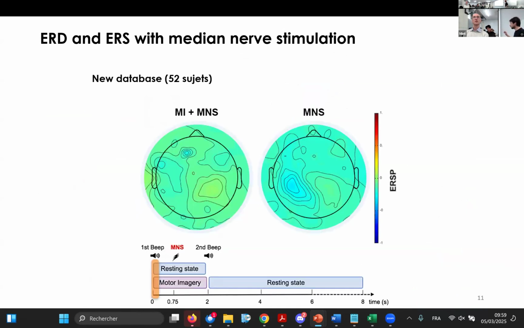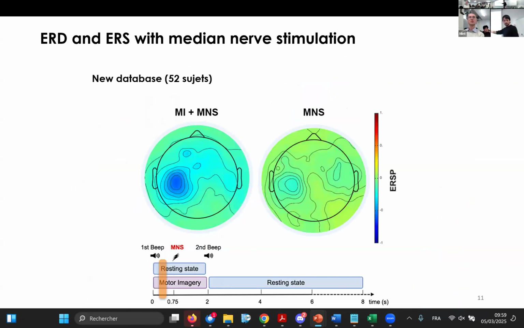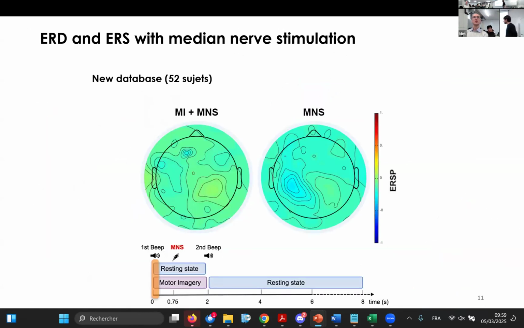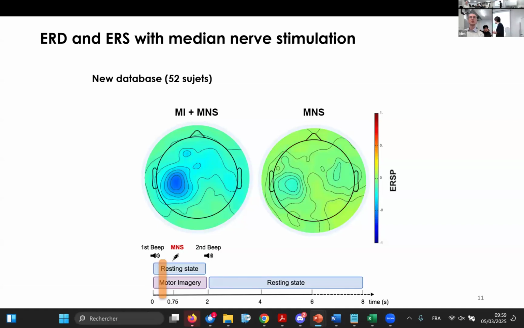So just a figure to show what happens for the different classes. On the left side is motor imagery with median nerve stimulation, on the right side, median nerve stimulation alone. So just at the beginning. Now, on the left side, the motor imagery will start. So you will have a contralateral ERD, okay?